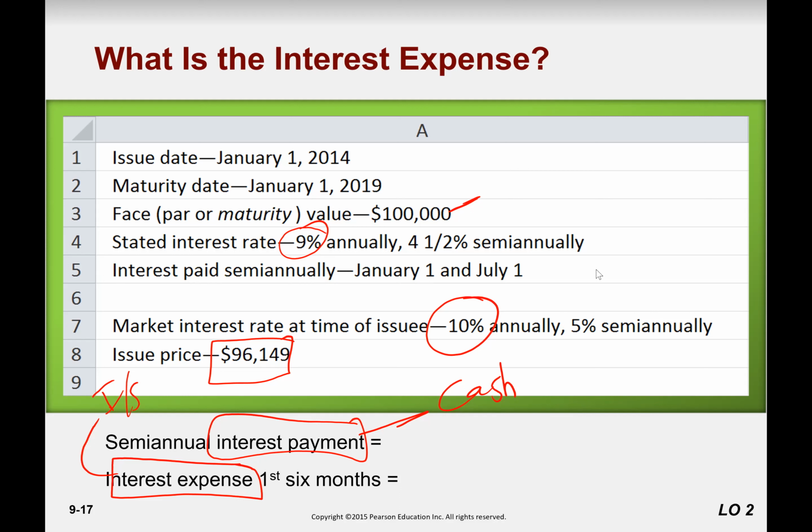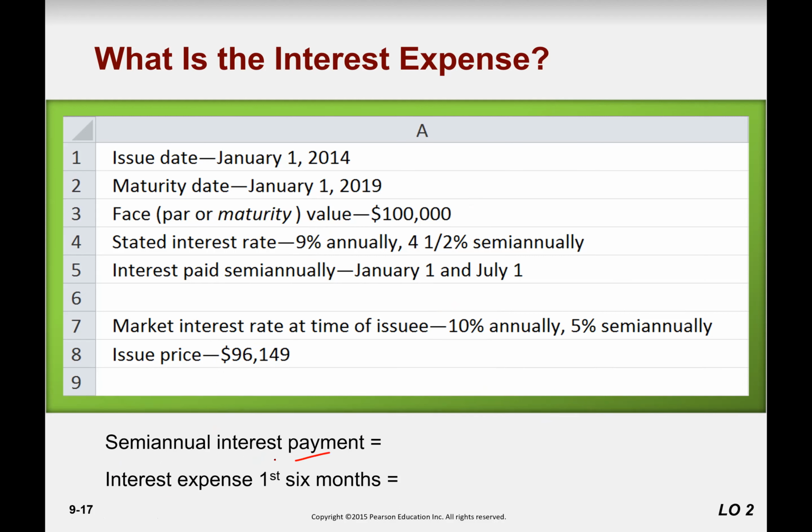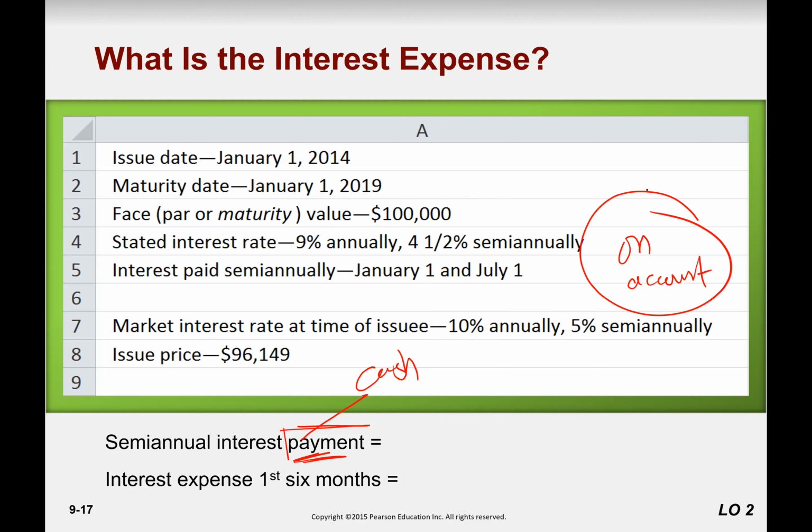Yes, sir. Good. So how do we calculate the interest payment? Remember, whenever we read payment, this is backed by cash. Whenever you hear the words on account or on credit, remember that is a liability; we will pay in future.